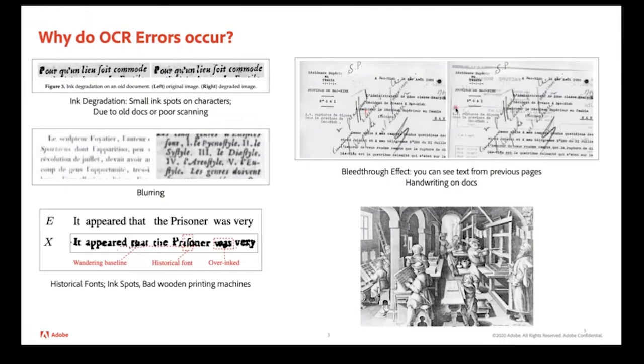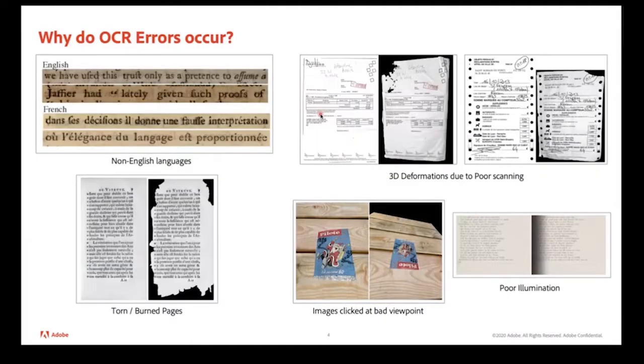All these lead to bad results because OCR is heavily perceptual based. It messes up the character predictions. All of this is because of historical documents and wooden printing back in the 1600s and 1700s. Even non-English languages lead to lots of errors. You could have torn and burned pages, but it's not just historical documents.